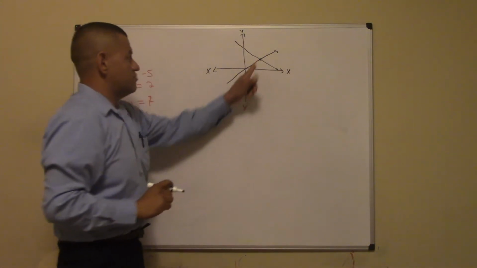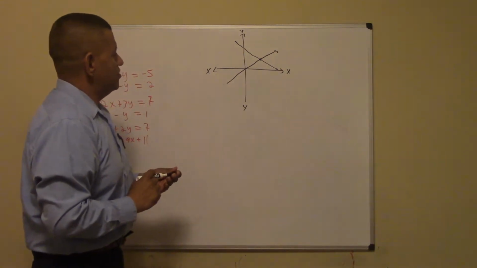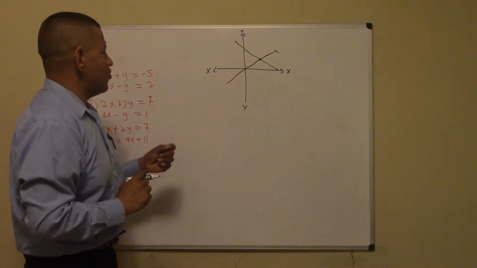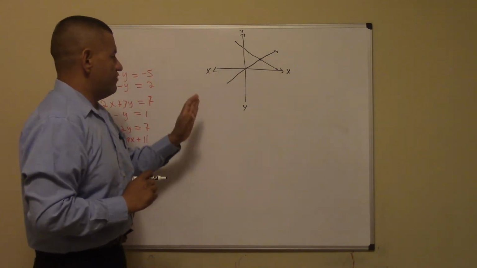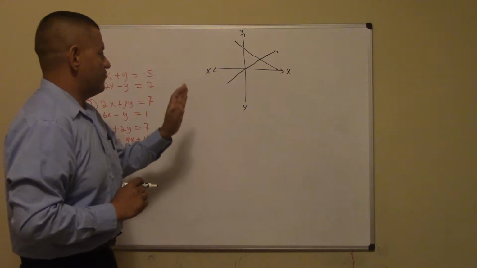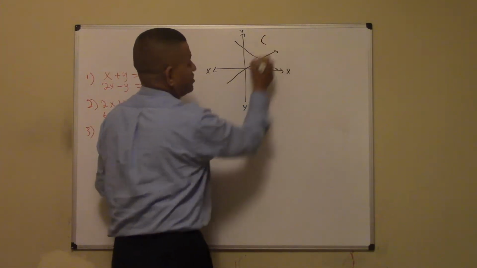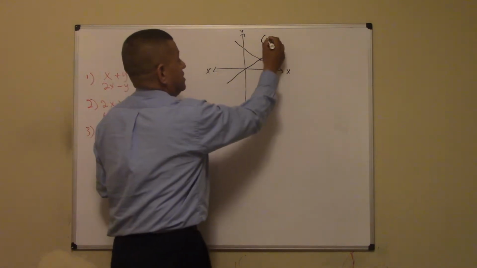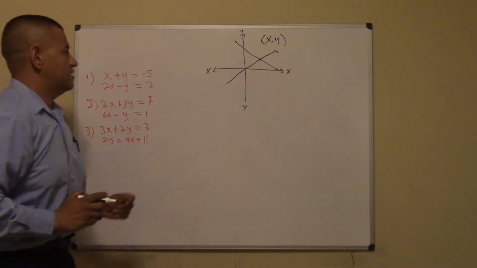That intersection right there is the point that we're looking for. So that's why we will solve for one value of x and one value of y, and this point right here is going to be represented by x comma y, something like that, right?